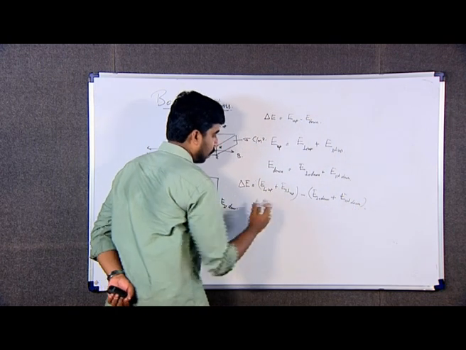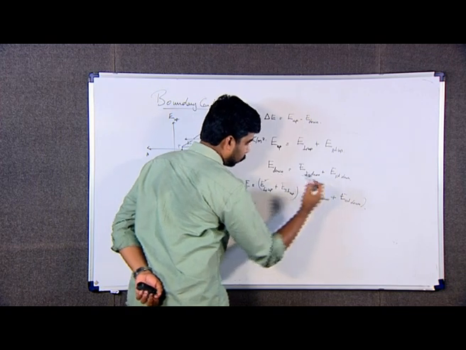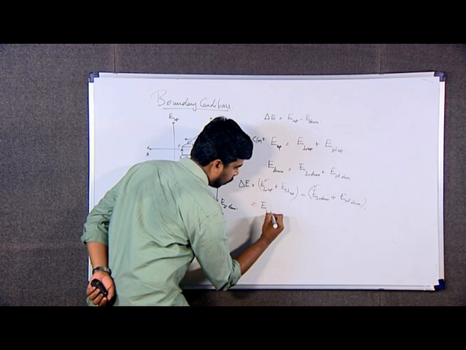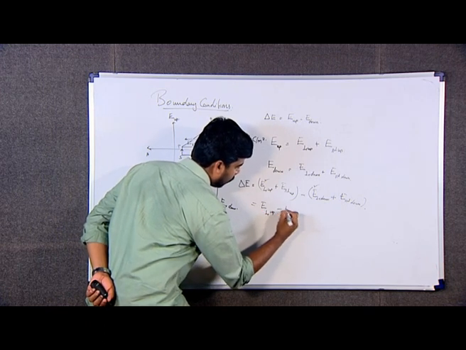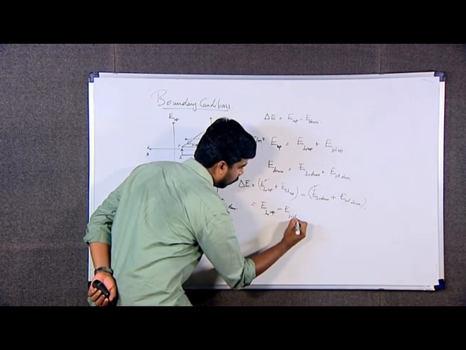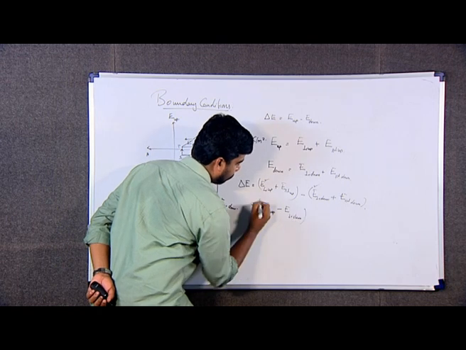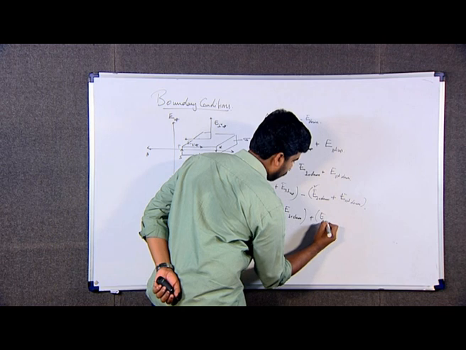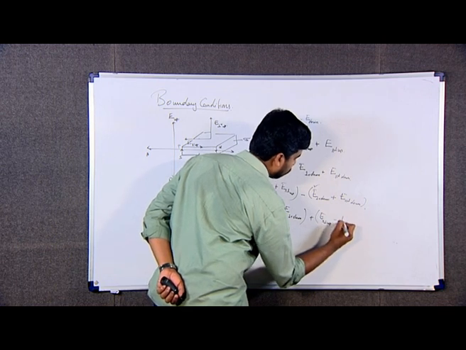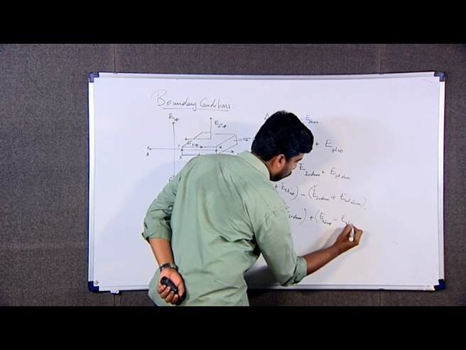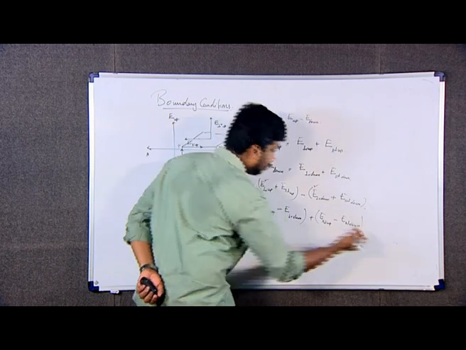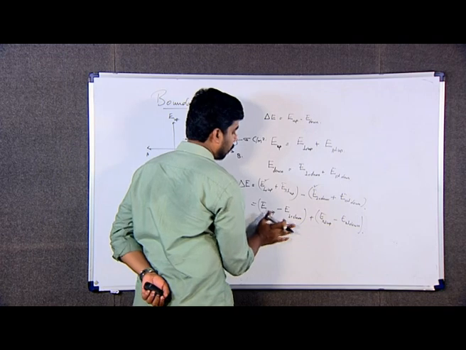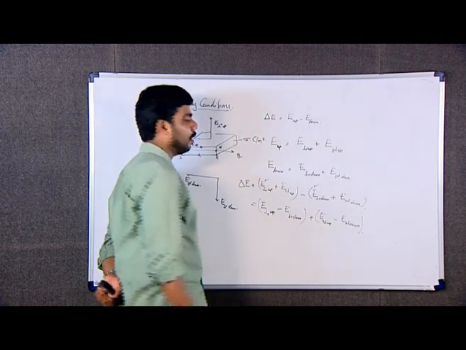So, I can club the perpendicular components together, that will give you E perpendicular up minus E perpendicular down plus E parallel up minus E parallel down. Now, the electric field components has been split into 2 parts, the perpendicular part and the parallel part.